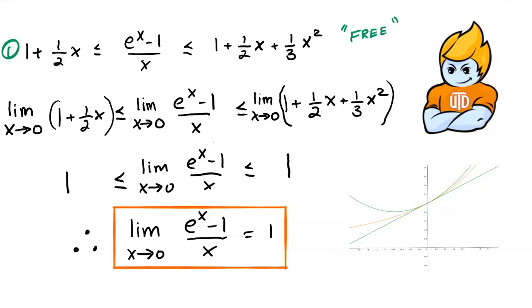Here I gave you those functions for free, that is, without proof. Next, take the limit as x approaches your point. And as long as the limit of the two bounding functions is the same, then the limit of your function that's always in between must be equal to that limit.